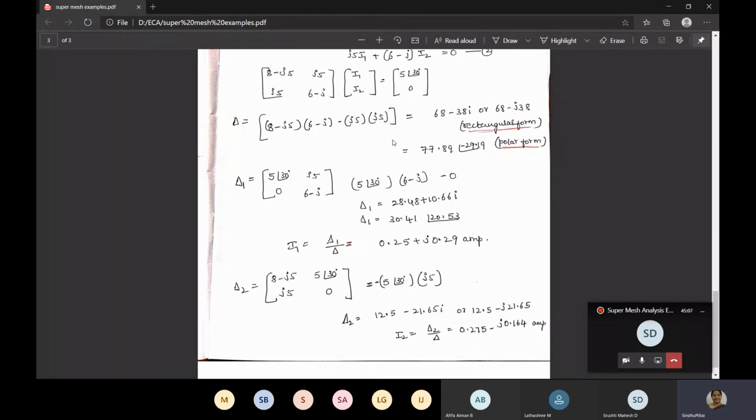Similarly, how we found delta, now you have to find delta 1. One term is already 0 here, so it is 5 at an angle 30 into 6 minus j. See how it is there, like that only you have to press in the calculator. So how to press this angle also I will tell. Now go for shift and there is one symbol, where A, B, C, D hexadecimal are given.